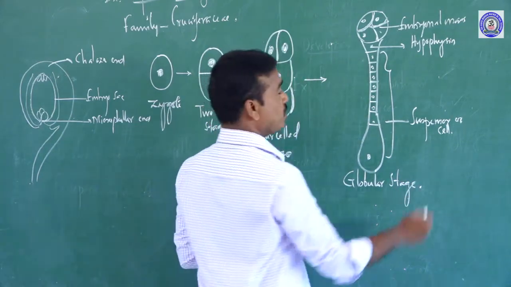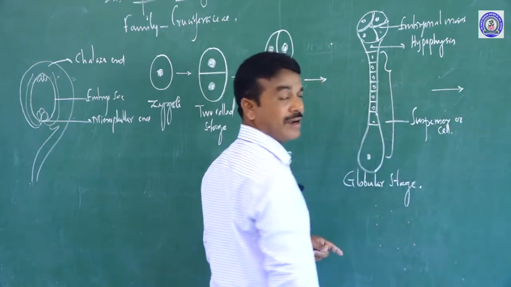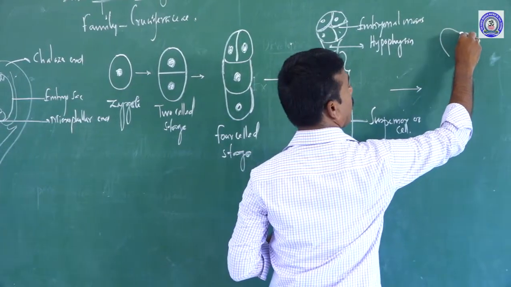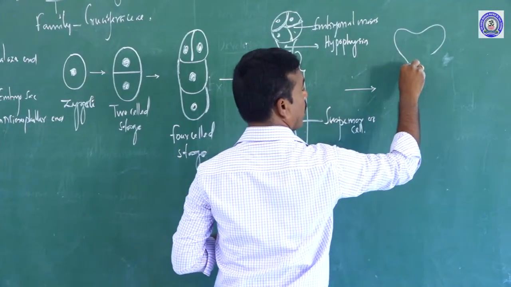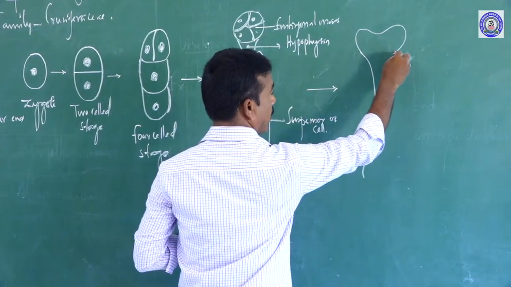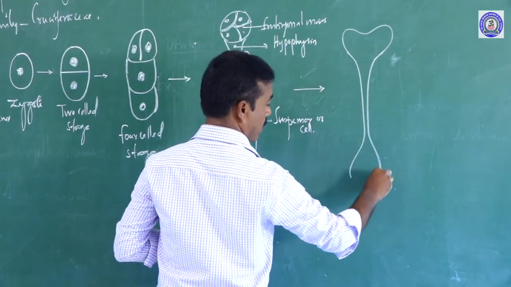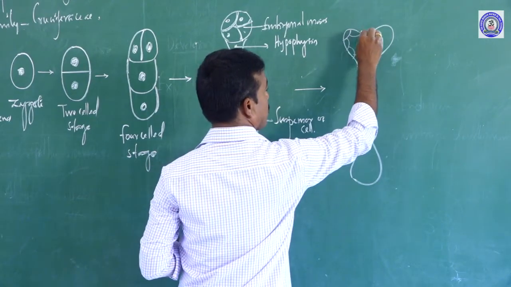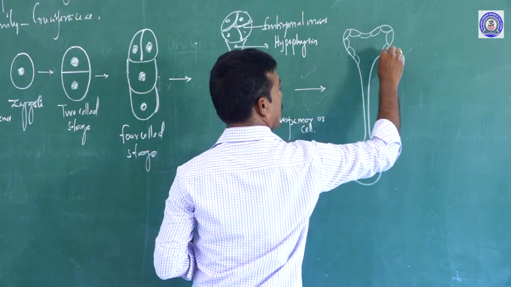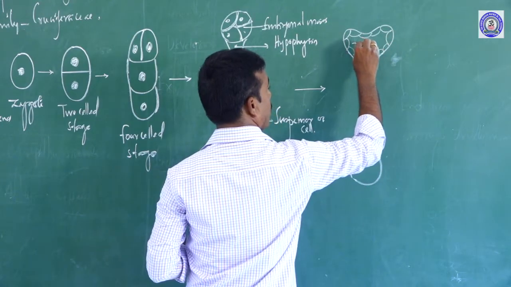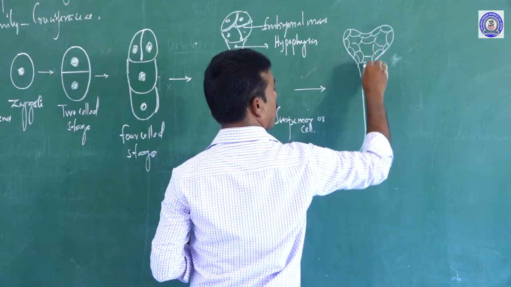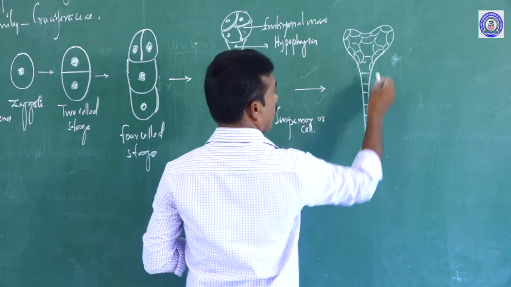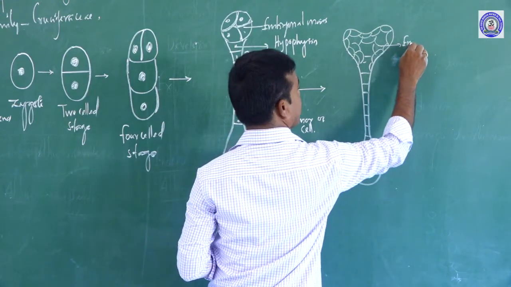After the globular stage, the next stage is commonly called the heart-shaped structure. These are commonly called heart-shaped structures. This is the embryonal mass.